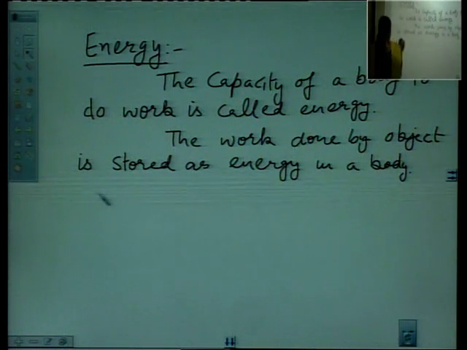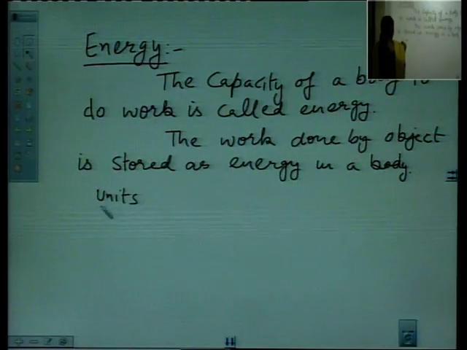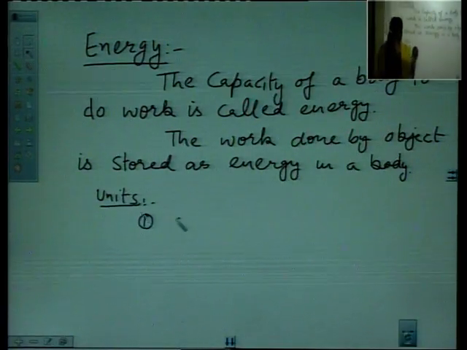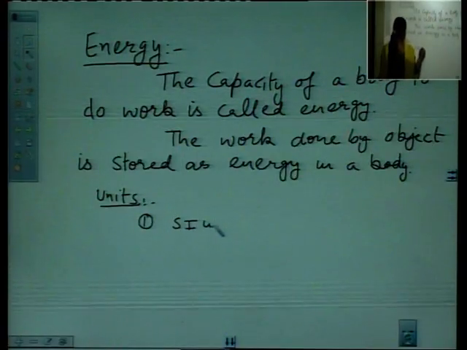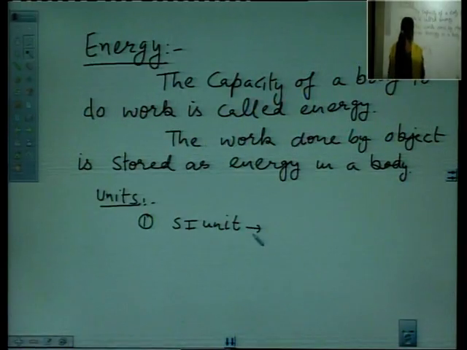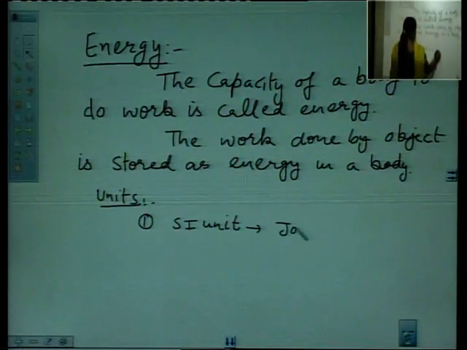Now, the units of energy are, we have 4 units. First is SI unit. SI unit of energy is joule.